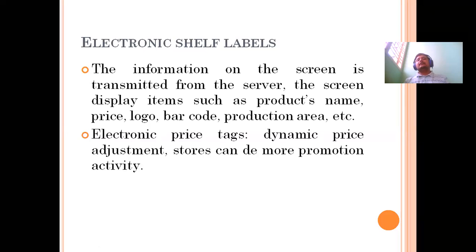Okay, so every label will be fixed, that is, electronic boards will be used over there. Okay, so these electronic boards are also electronic price tags, which are very helpful in making any kind of adjustments in the price, and doing any kind of promotion activities.